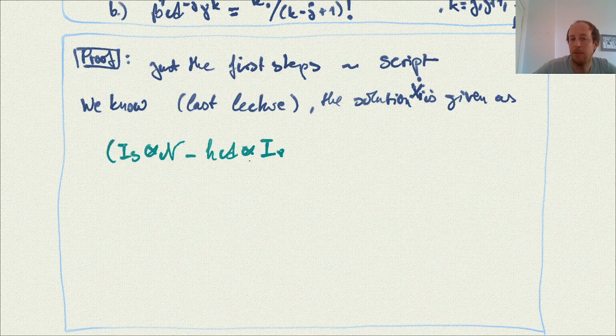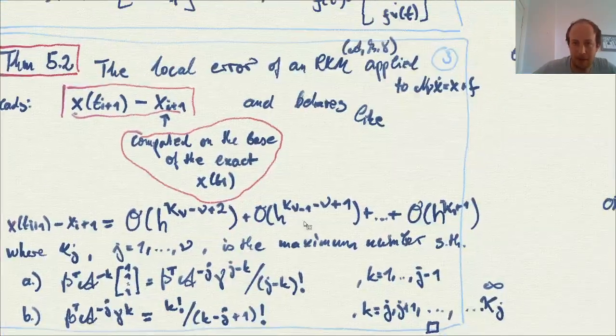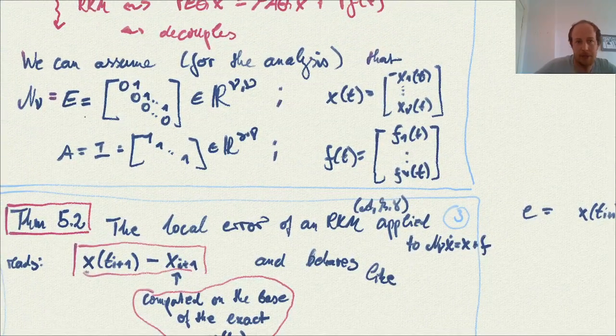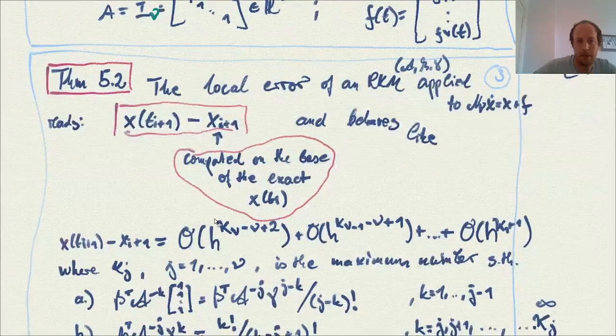So this was the general matrix, but in our case, since we just consider this particular method, the A is the I_nu.